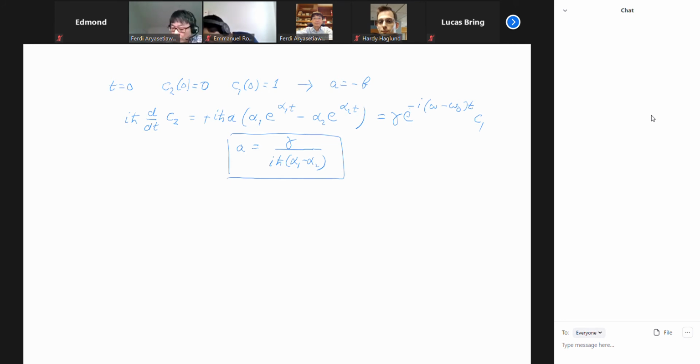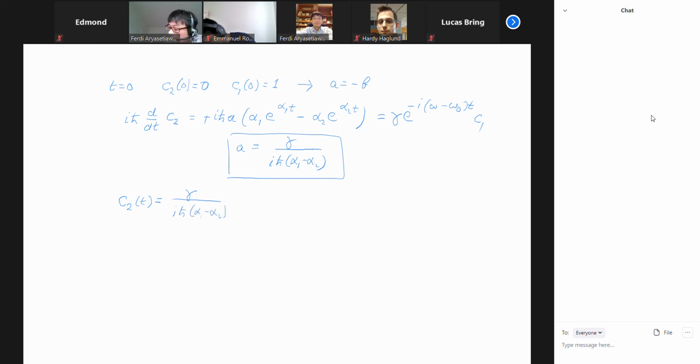So if we use it and the expression for C2, then we find that this is equal to gamma divided by h bar (alpha 1 minus alpha 2).